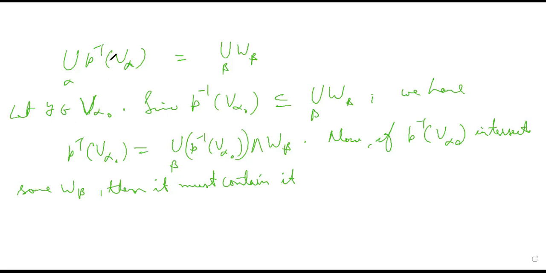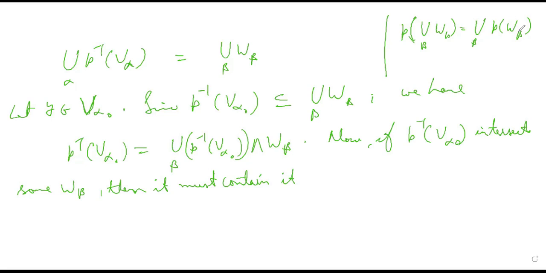Because we have this, if you apply P over some W beta, then what you will have, if you apply P over this union beta W beta, is your union beta P of W beta, right? So these W beta, they are connected, so P of W beta also will be connected, right?